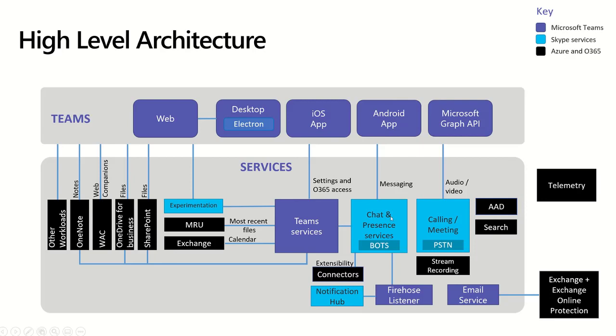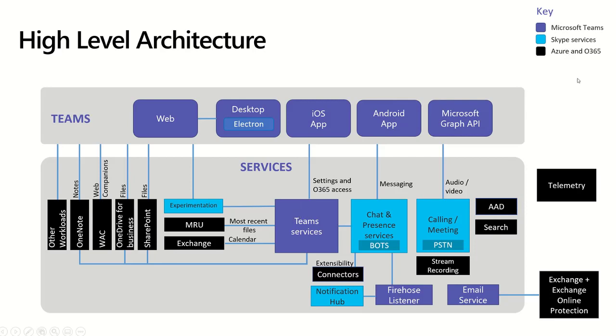The messaging features, both one-on-one chat and channel messaging, are in this blue layer here. And the blue layer, and we mentioned earlier the experimentation layer is this as well, is powered by Skype. So the purple box here is powered by Teams.